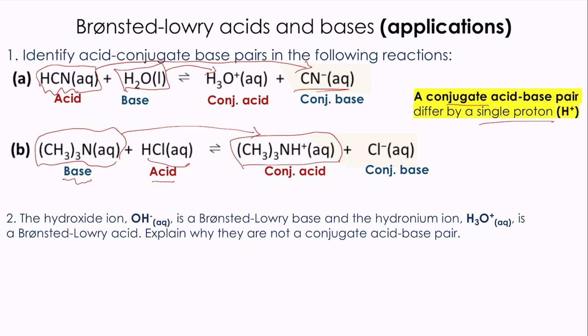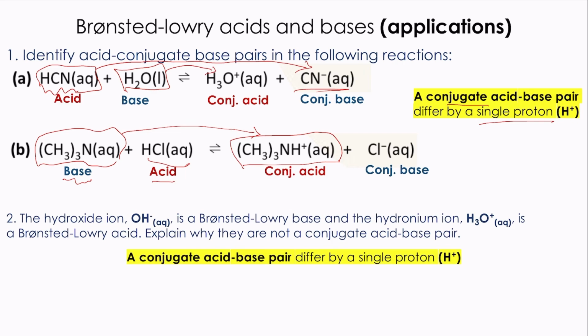Let's study OH negative. But before that, we have again to remember that the single difference between an acid and its conjugate base, or a base and its conjugate acid, is a single proton. So if we're speaking about OH negative, they are already telling you in the question that OH negative is a base.